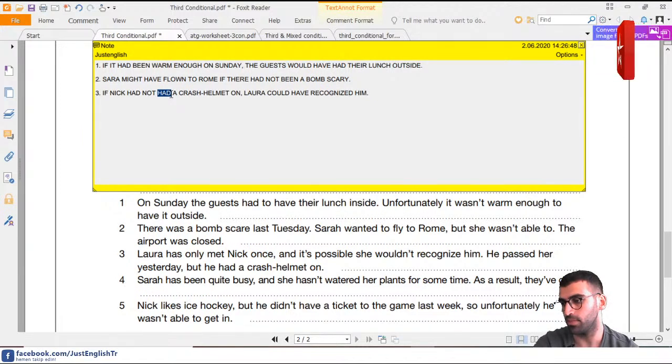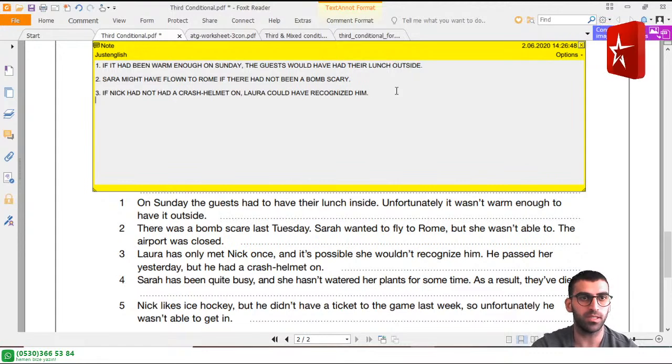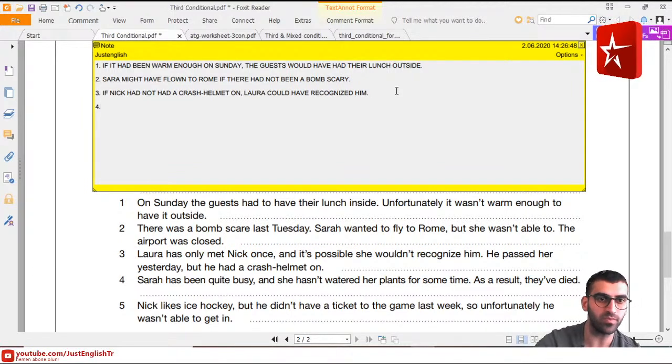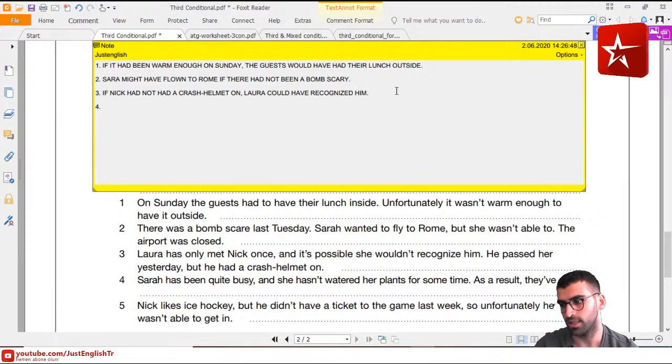I didn't understand the meaning of the sentence. The meaning of the sentence is like this. Lara and Nick just met one time, okay? So it is possible she wouldn't recognize him.